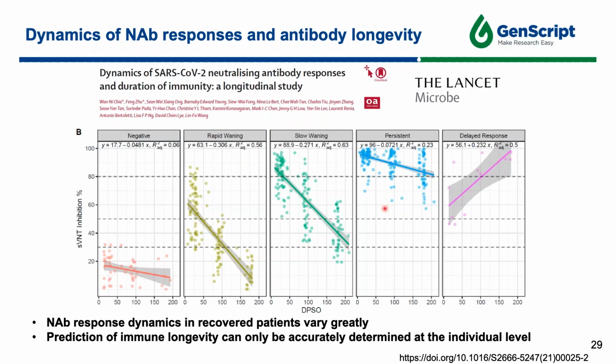And the luckiest group is the persistent group, which has persistently high neutralizing antibody over the course of 6 months. So this study indicates that the neutralizing antibody response varies significantly between different individuals, and the prediction of immune longevity can only be accurately determined at an individual level.